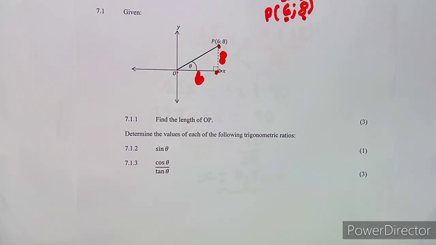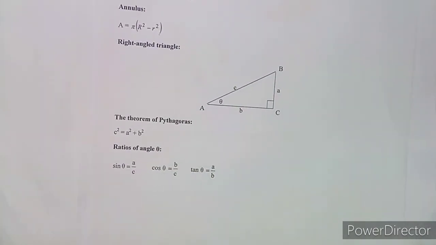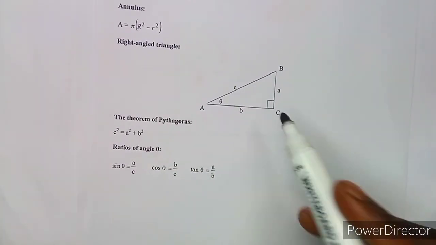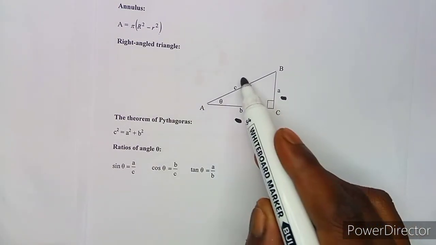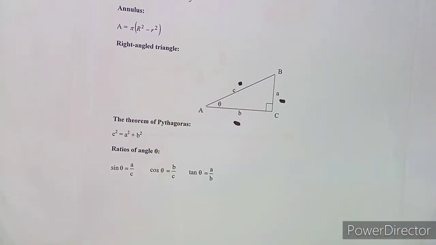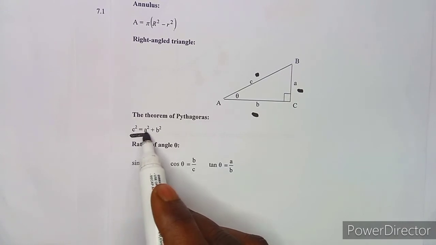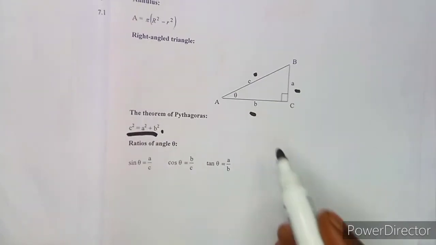From this concept, let me show you. If we cross-check here, you've got this side and you want to calculate C. We can use the Pythagoras theorem, which is C squared is equal to A squared plus B squared.